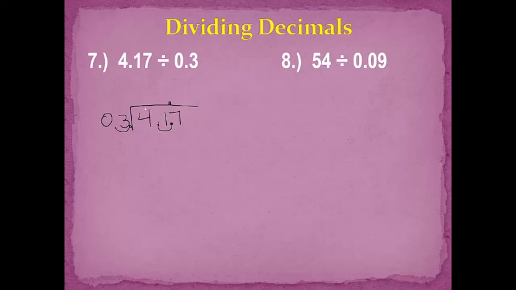3 goes into 4 one time. 1 times 3 is 3. Going to subtract and I get 1. Now I'm going to bring down my 1. And 3 goes into 11 3 times. 3 times 3 is 9. I will subtract. And 11 minus 9 is 2.